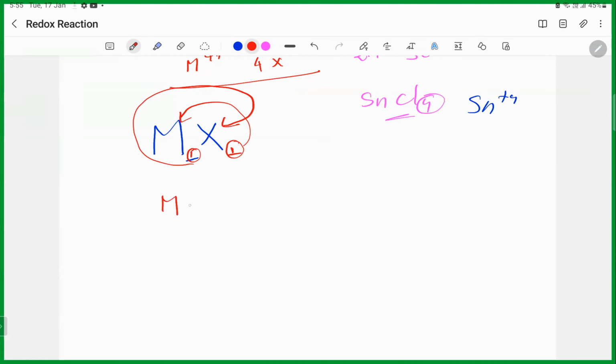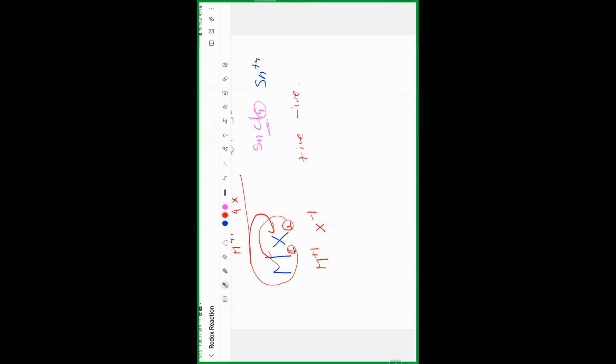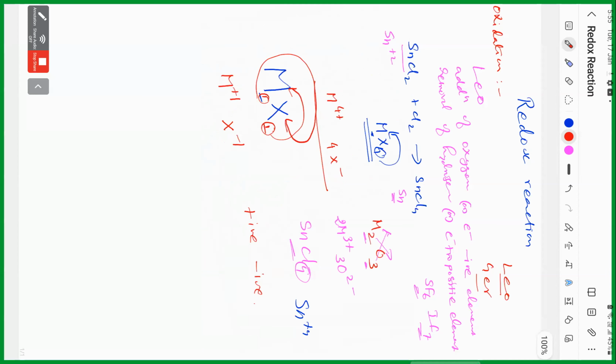So one metal becomes +1 charge and one non-metal becomes -1 charge. The negative part we always write next. So always we write the positive followed by the negative. This is the way to write the formula of the chemicals.